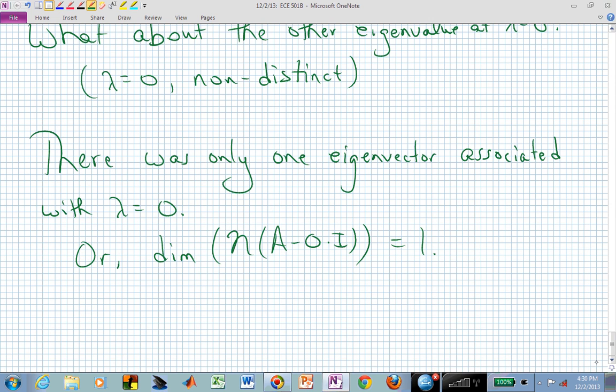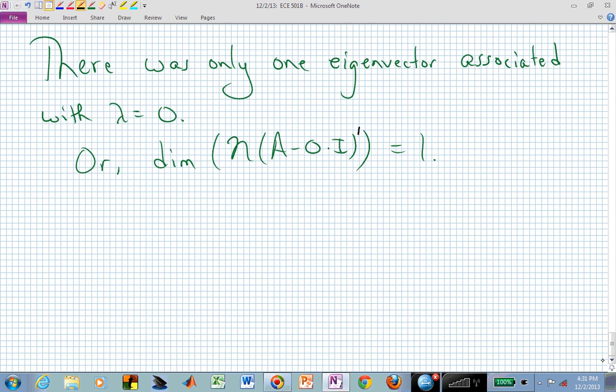And now what I haven't really done is explicitly show that I'm raising that to the first power. J is equal to 1 in that case. I was just looking at A minus 0I to the first power because that's how we've defined eigenvectors in the past.